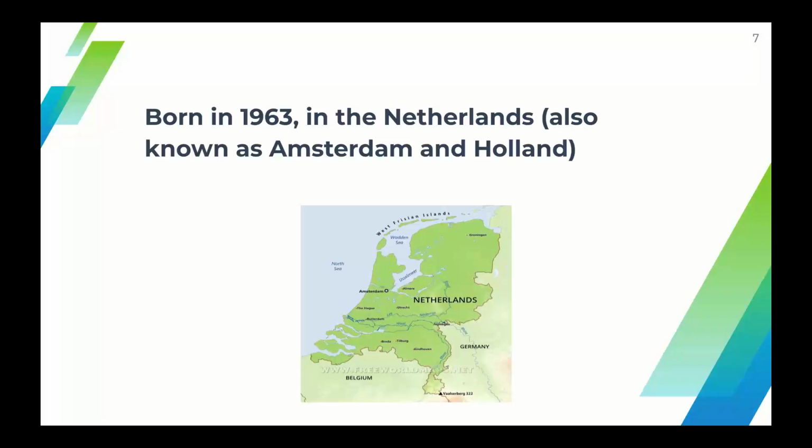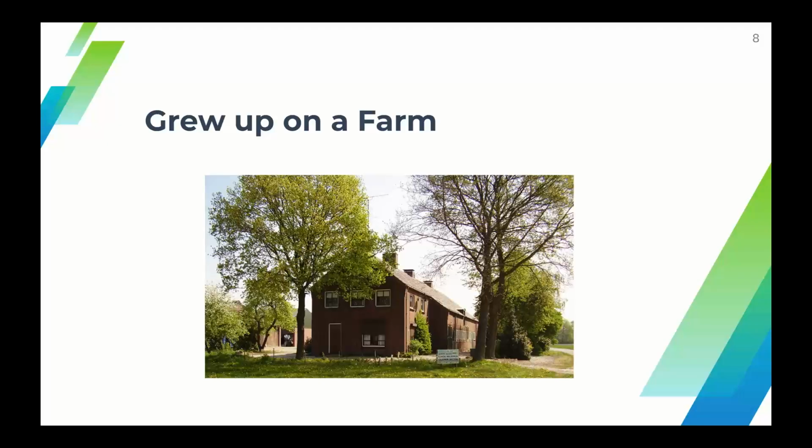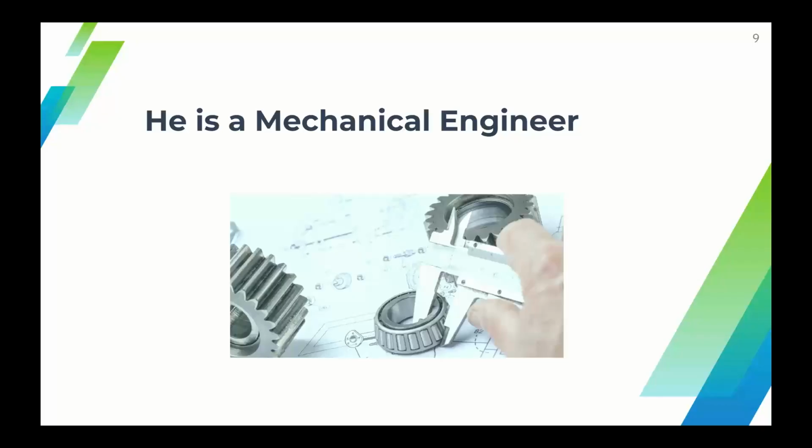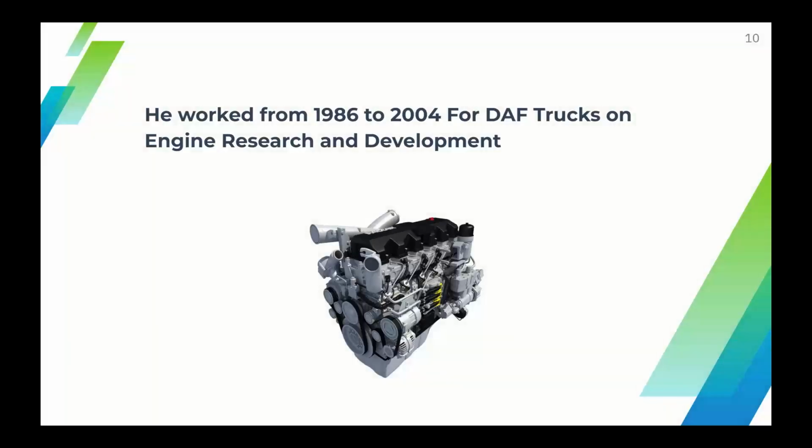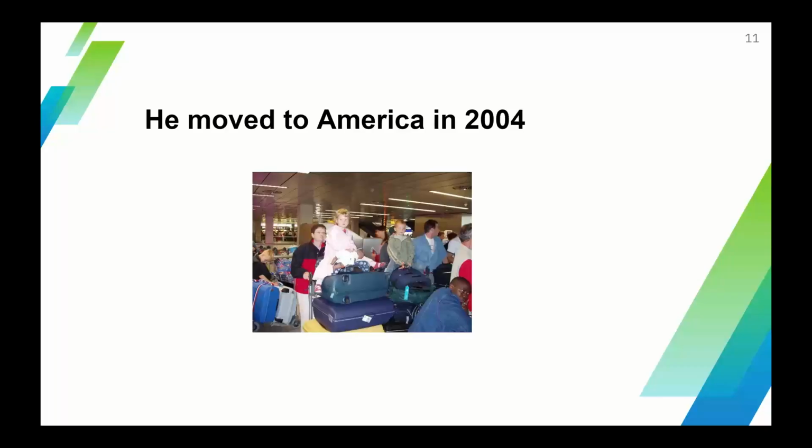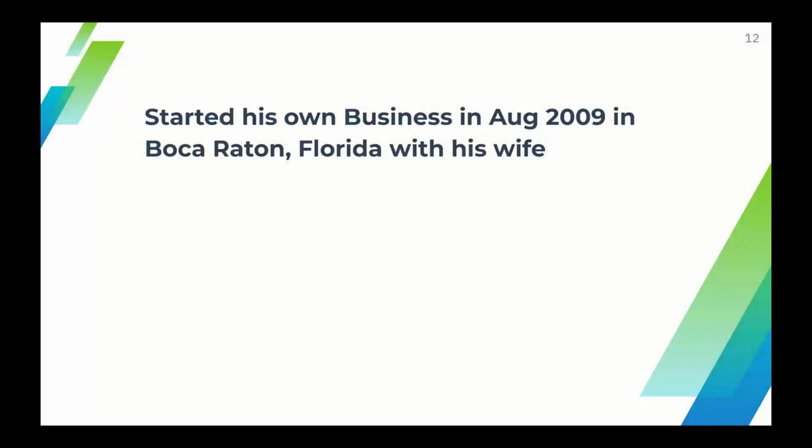I was born in 1963 in the Netherlands, near Amsterdam in Holland, and grew up on a farm. I'm a mechanical engineer. That is my trade, and I worked a lot on engine research and development. That was my passion. I moved with my family in 2004, with my two kids and my wife, with just a couple of suitcases.